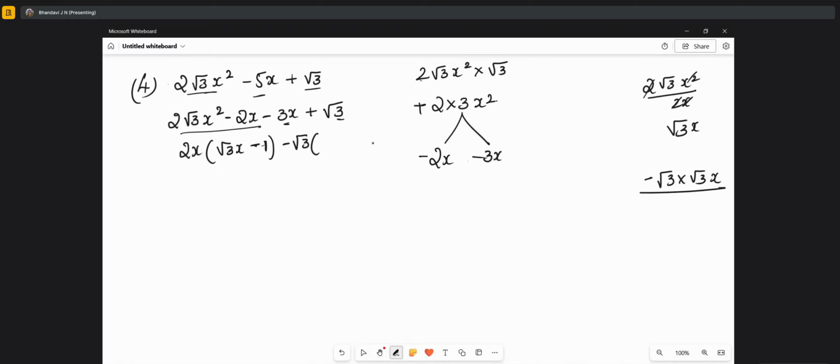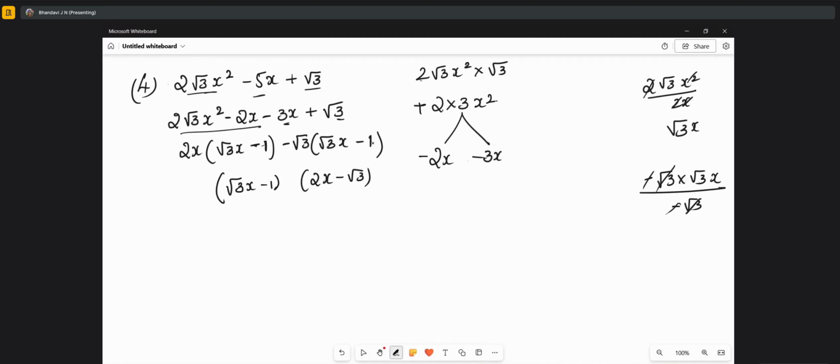Now divided by minus root 3, what will you get? Root 3x. So write root 3x here. I've taken minus root 3 outside, so what will be remaining here? Minus 1. So you will get root 3x minus 1 into 2x minus root 3.